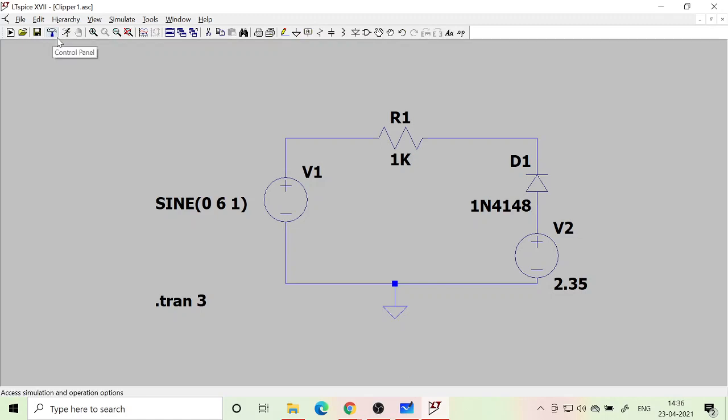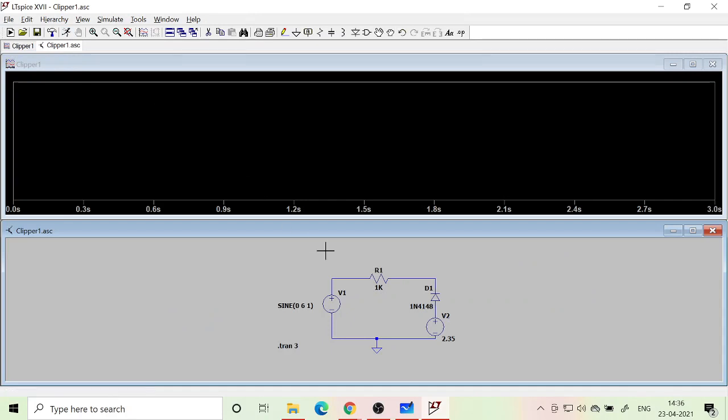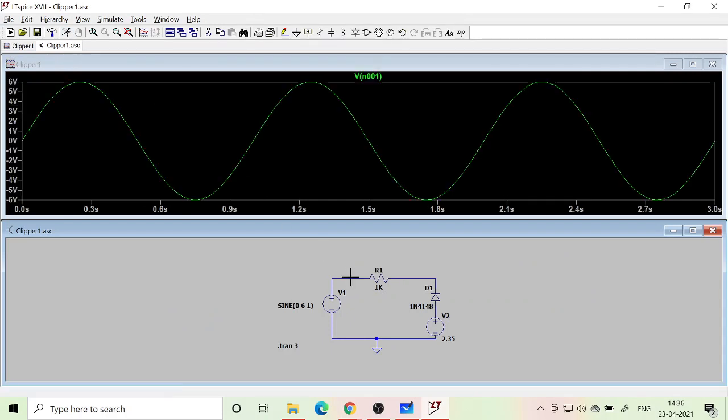So let us run this. Let us look at the input voltage. That's fine, and the output voltage. Yeah, it is not correct. What is wrong? It's not getting flattened at 3, it is going below 2.